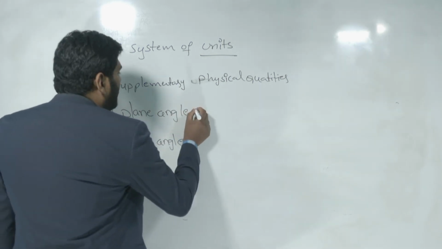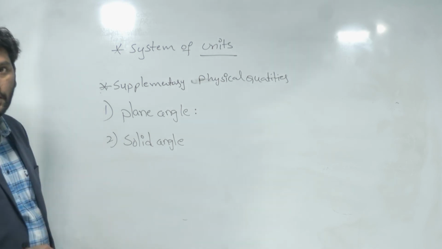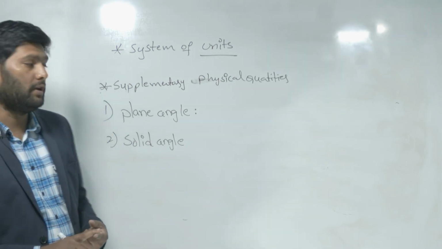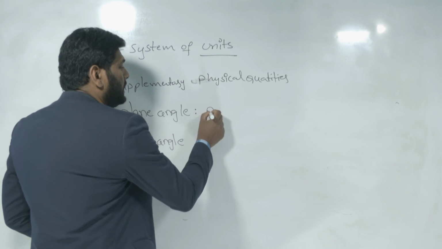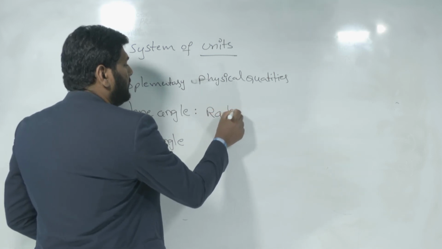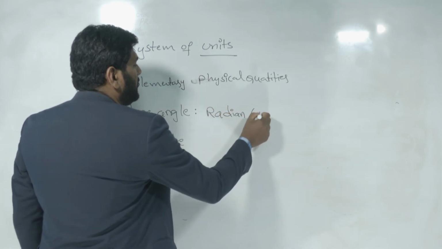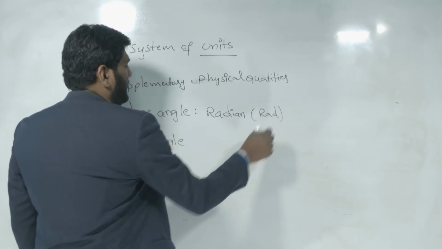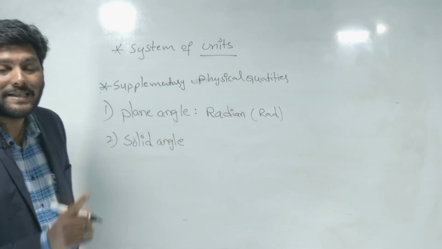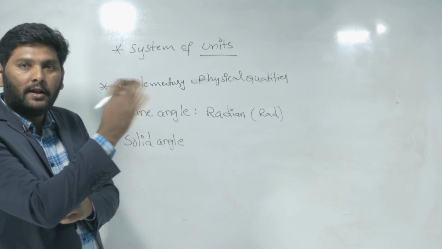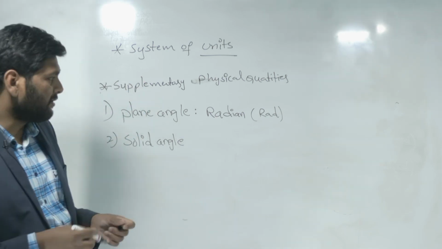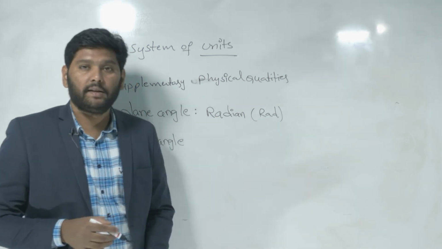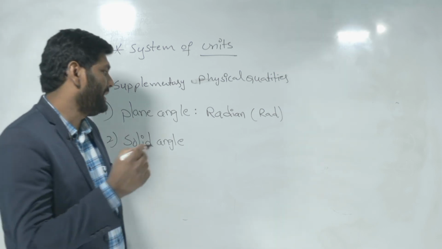Here, the SI unit of plane angle is radian. We simply call it rad, not rod. It is rad, not sticks and rods. This is radian, and we represent it with rad.